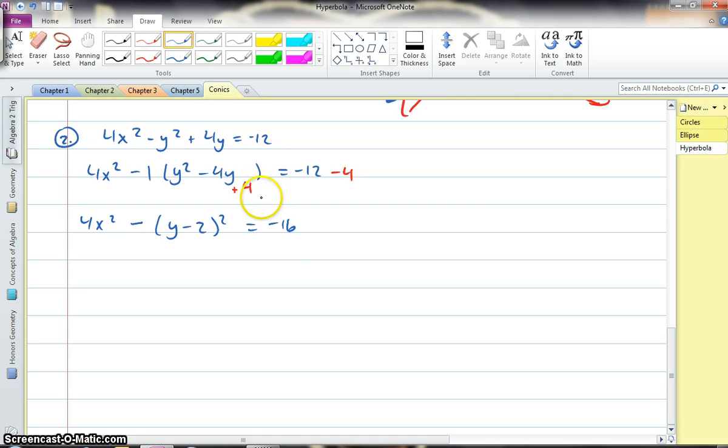Now we want it equal to 1, so I'm going to divide everything by negative 16. So x squared over negative 4, a negative and a negative gives me plus, y minus 2 squared over 16 equals 1.